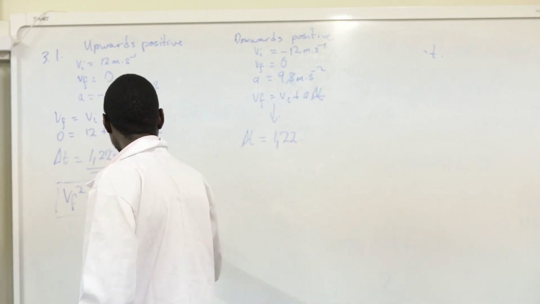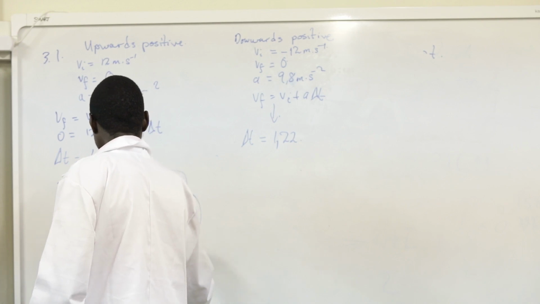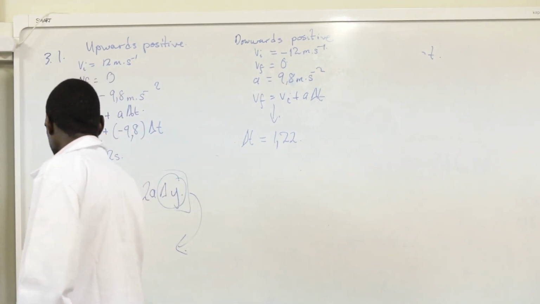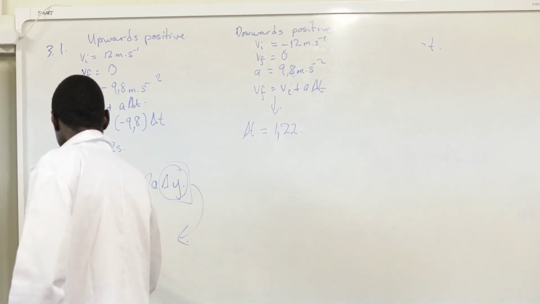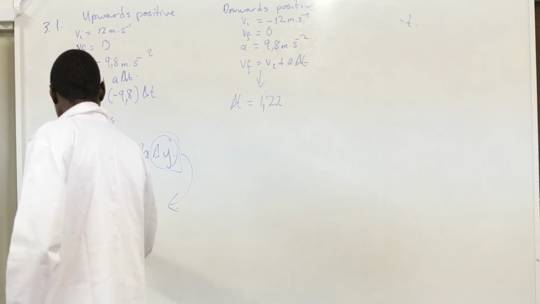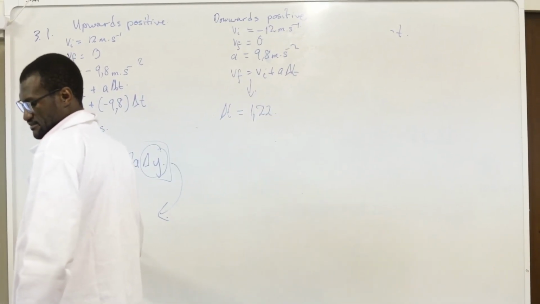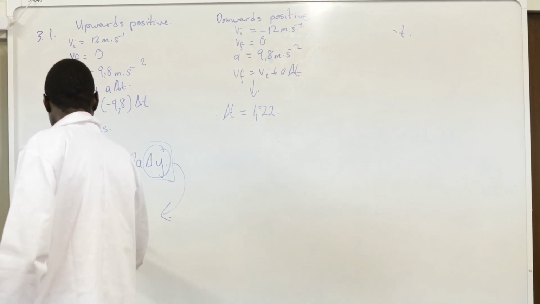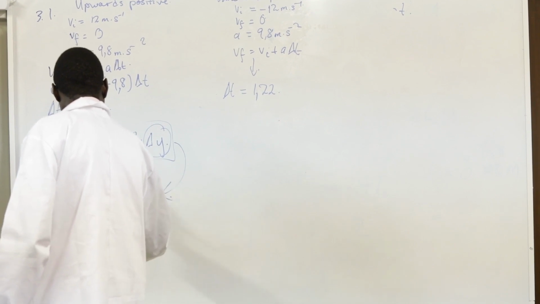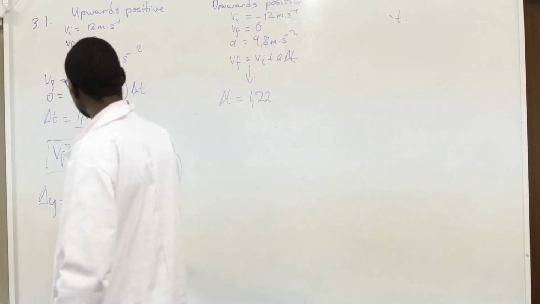After you find the change in y, you can use the equation change in y equal to (V final plus V initial) over 2 multiplied by change in t to find the value of change in t.